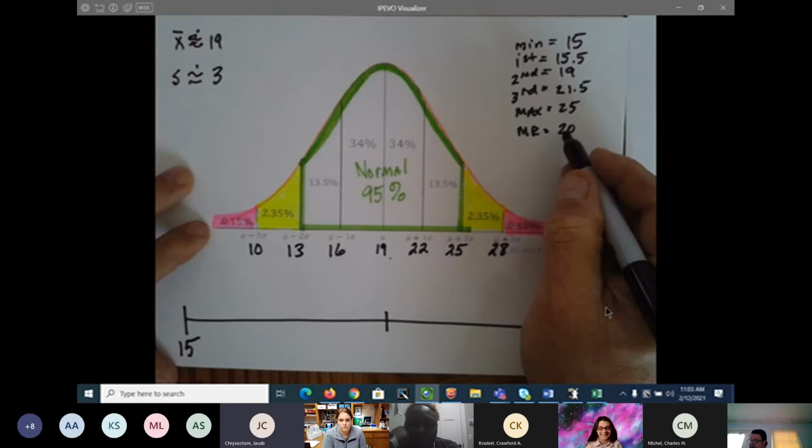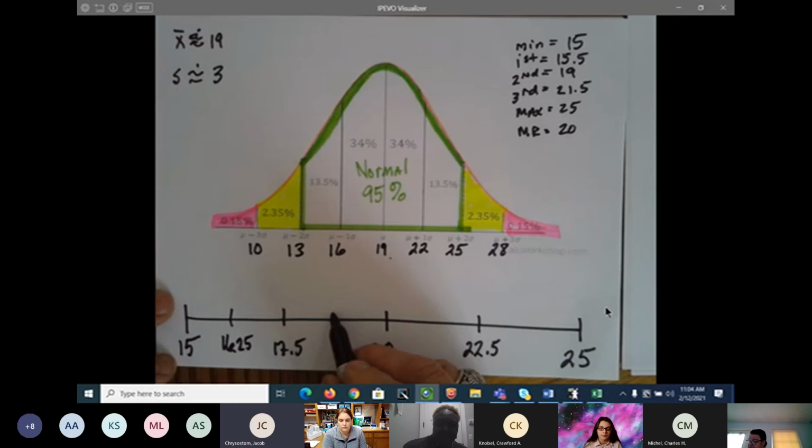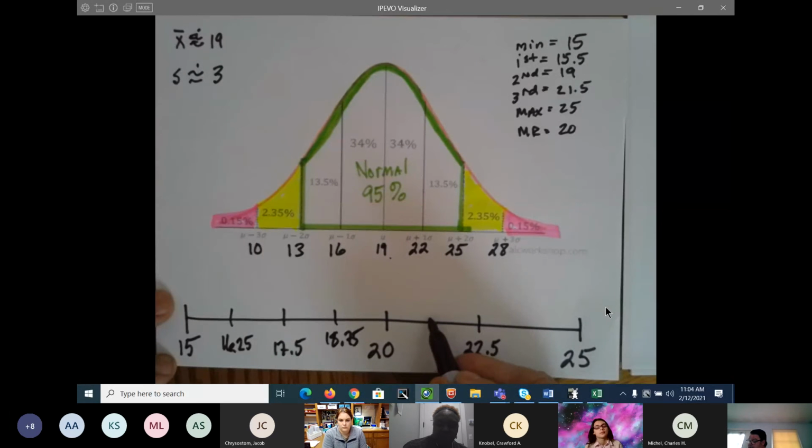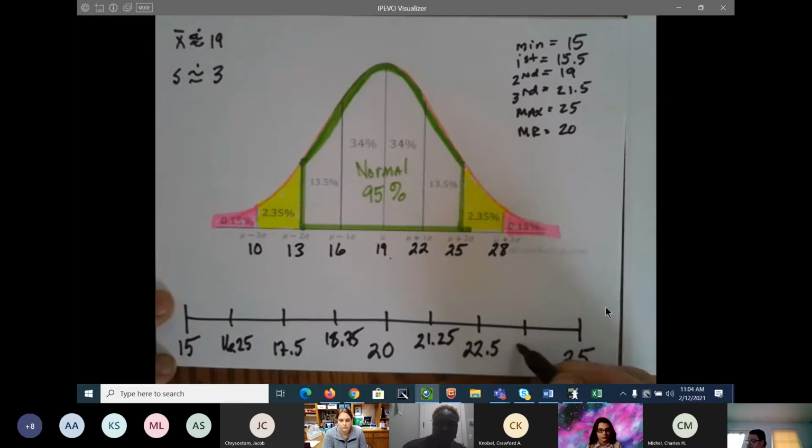And 15 to 17.5 is 2.5. 16 and a quarter. 18.75. 21 and a quarter. I'm trying to do this in my head, so y'all forgive me if I made a mistake. 23.75.